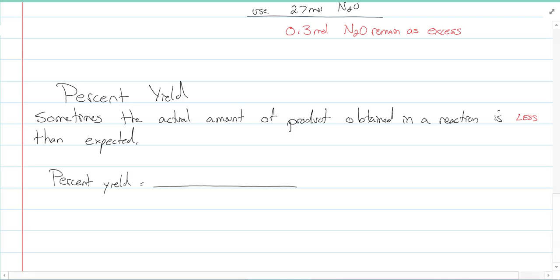Percent yield is the actual yield over the theoretical yield times 100%. That's all it is. The actual yield is measured.